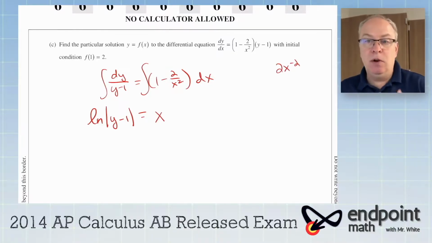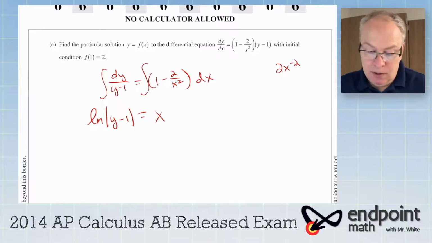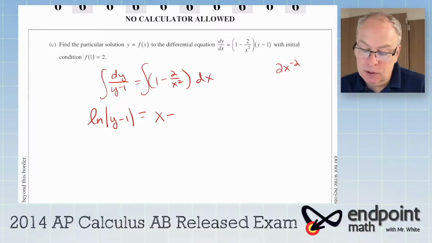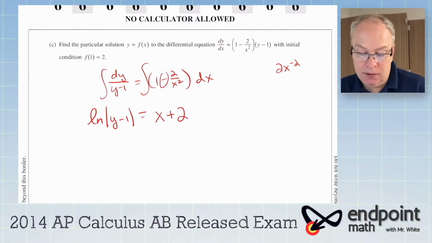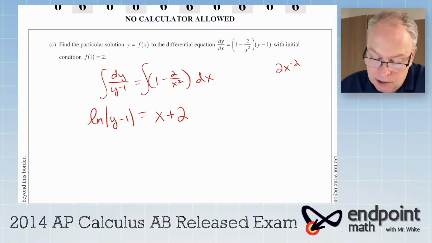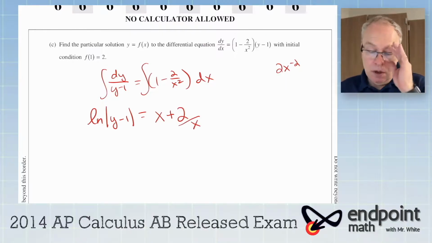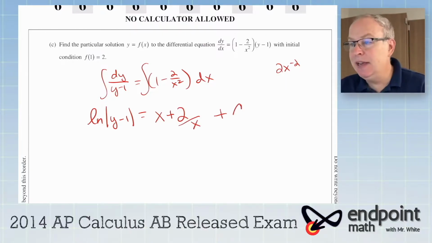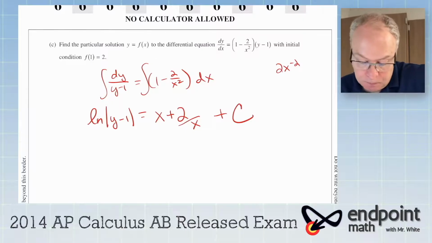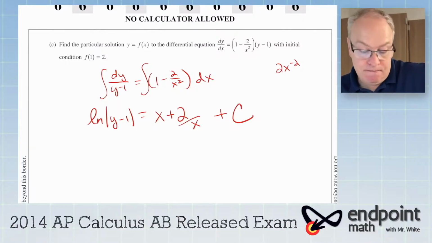So we have to add 1 to the exponent, that's negative 1, divide by the new number, so we get minus 2, but it's going to become plus 2 because of this already minus. Plus 2, and it's going to be over x. And then plus c. All right, so you get a point for doing that.